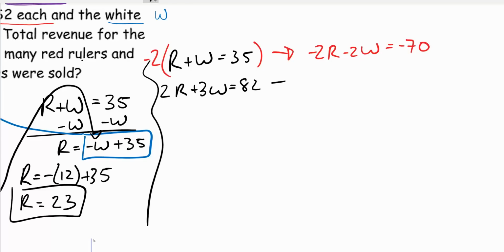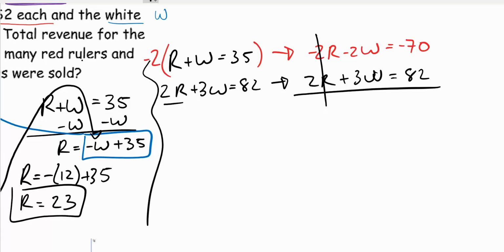And we don't need to do anything to this bottom equation because we already have a 2R, which is the opposite. So we're just rewriting this bottom equation. And now when we add them together, we get W equals 12.